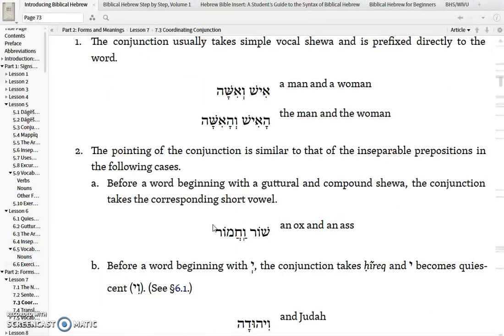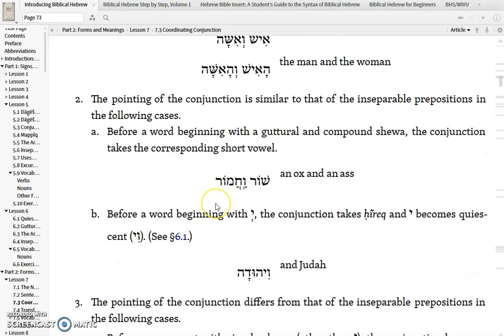Now, if you place it in front of a guttural with some sort of compound shavah, it will tend to take the vowel of the compound. So here you have shor, which is ox, and hamor, which is a donkey.